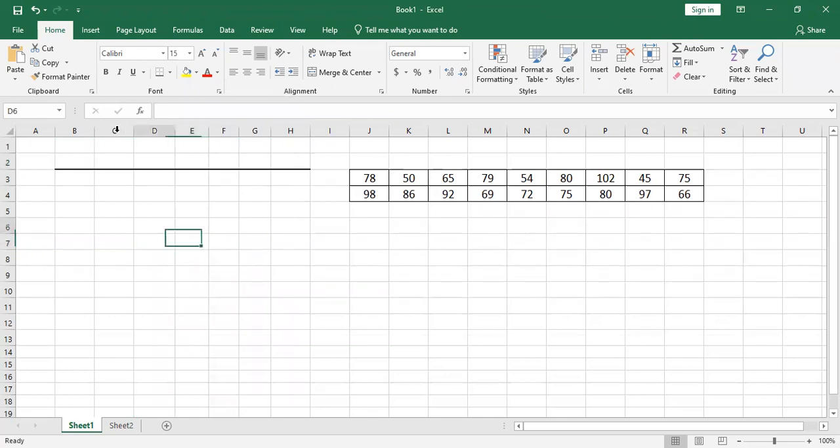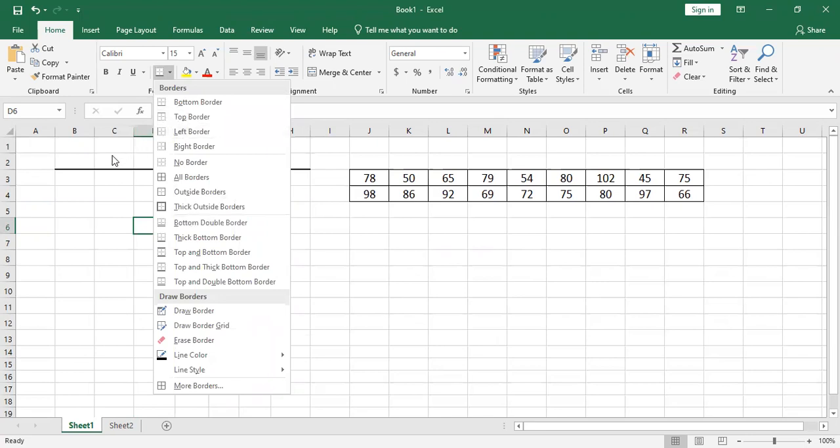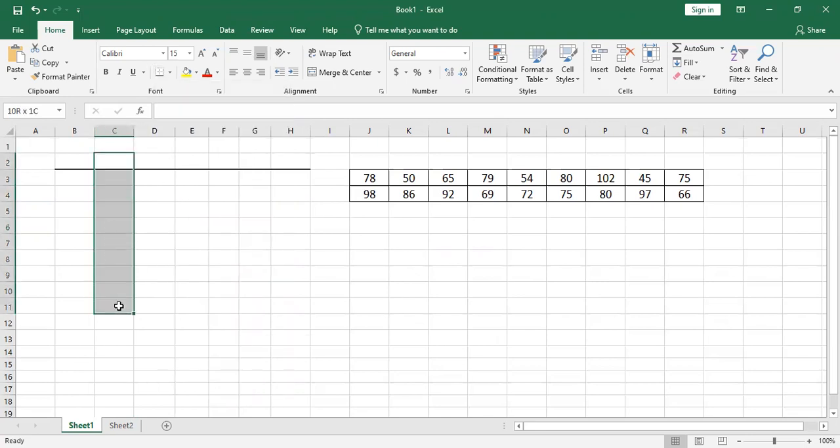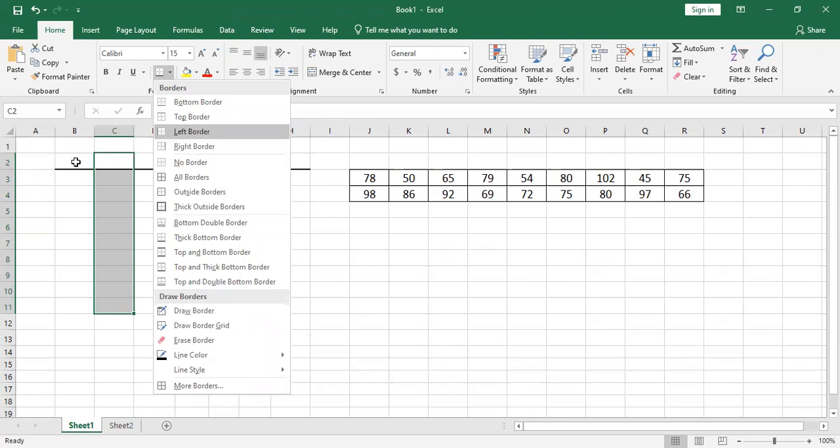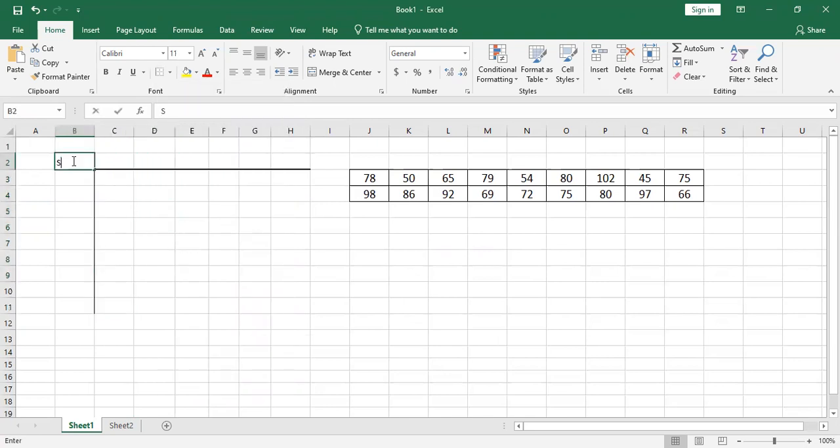Then I'm drawing another line which will be vertical. This side, I'll call it the stem, and this other side, I'll call it the leaf.